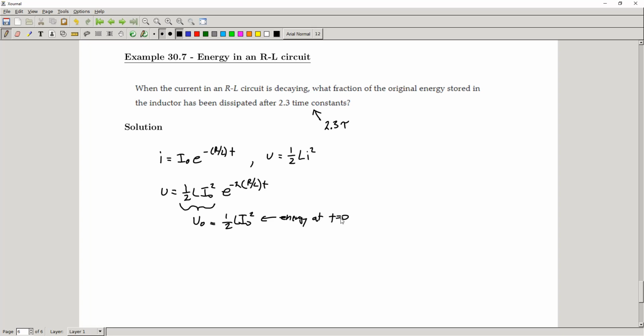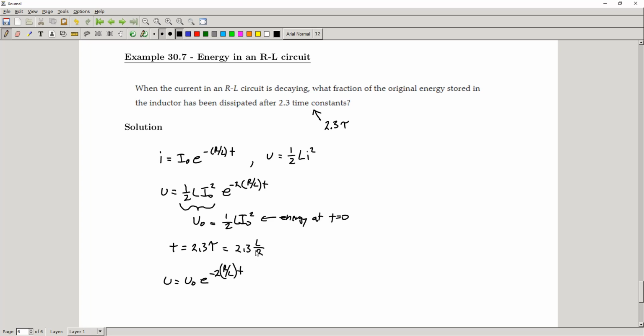Now we want to know how much energy is left if we set t equal to 2.3 tau. By the definition of our time constant, 2.3 tau is 2.3 L over R. Let me first write the expression, e to the minus 2 R over L t.